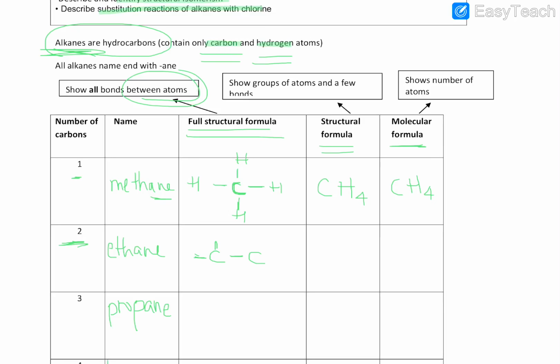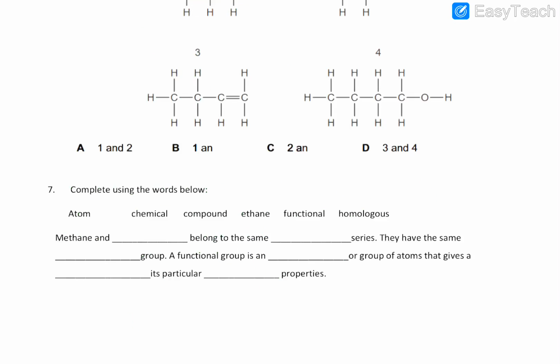So 1, 2, 3 are already formed with carbon, and the 4th one is H. We'll fill this one as well: H, H, H. So this is ethane. Each carbon is forming 4 bonds: 1, 2, 3, 4, and the other carbon as well: 1, 2, 3, 4. So you see all the numbers are respected there.